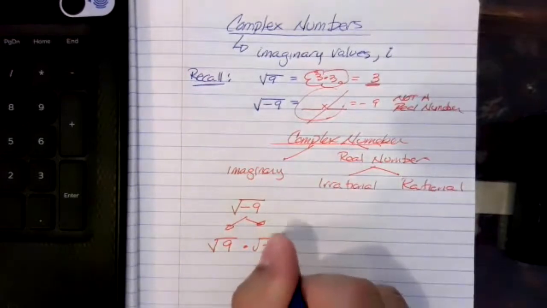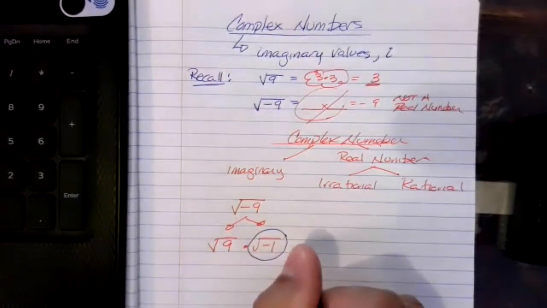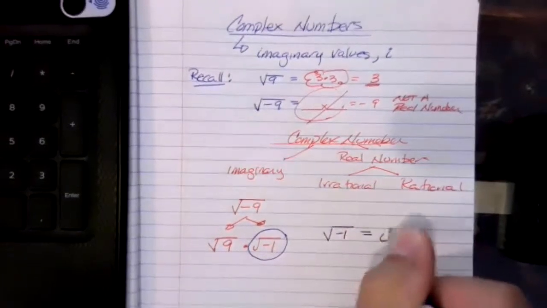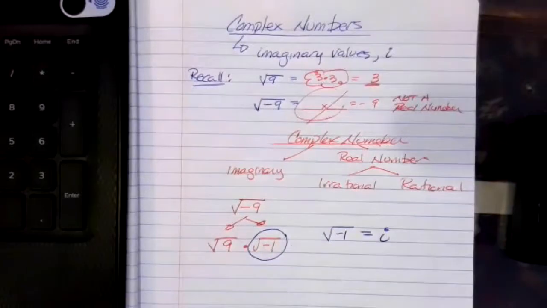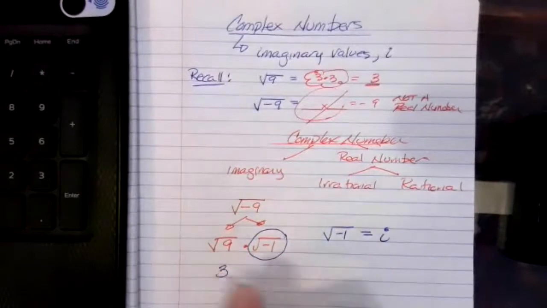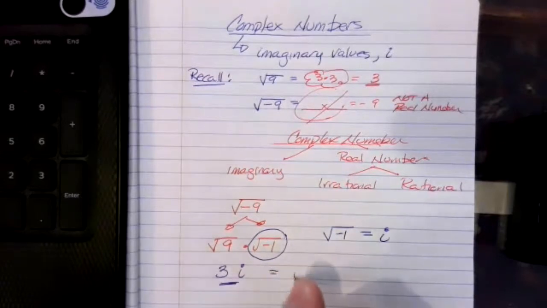The square root of negative 1, we're going to set equal to i, for imaginary. So now the square root of 9 is 3, and the square root of negative 1 is i. So the square root of negative 9 is equal to 3i.